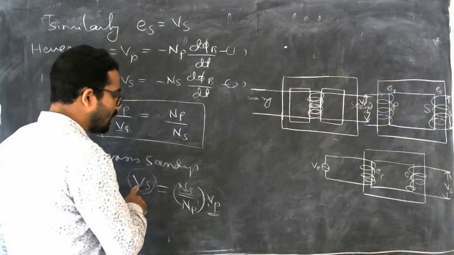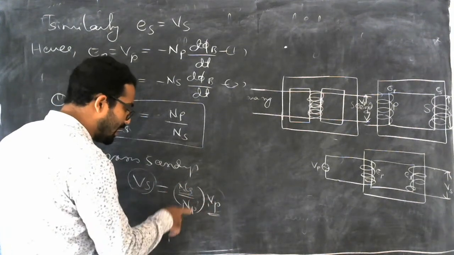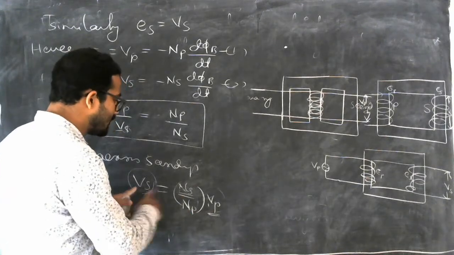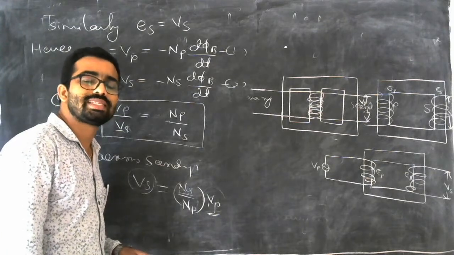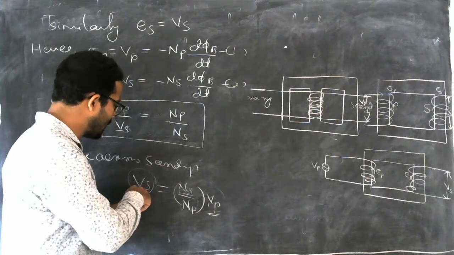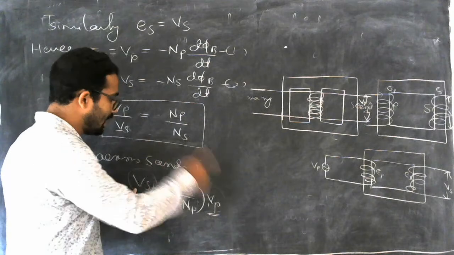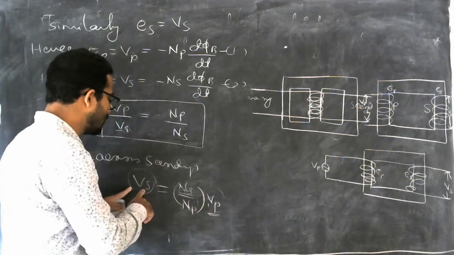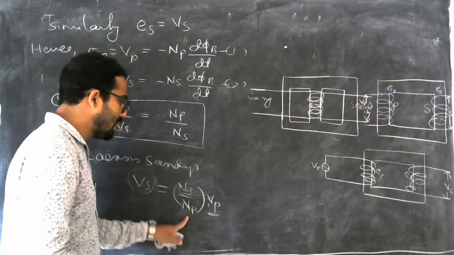Vs will be greater than Vp when Ns is greater than Np. Then the transformer can be called a step-up transformer, because this is the output voltage and this is the input voltage. The output voltage is greater than the input voltage. That is why this kind of transformer, where Ns is greater than Np, is called so.